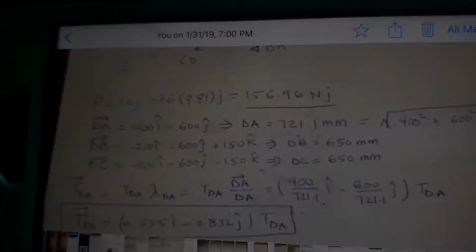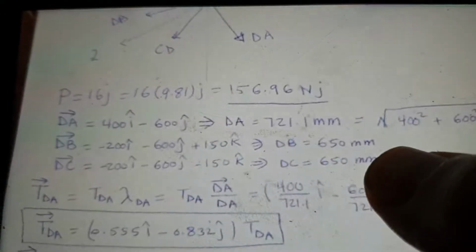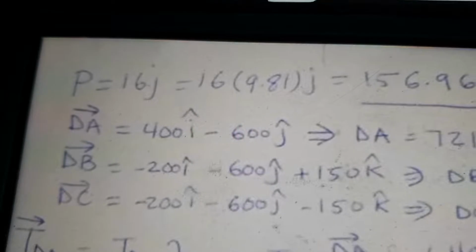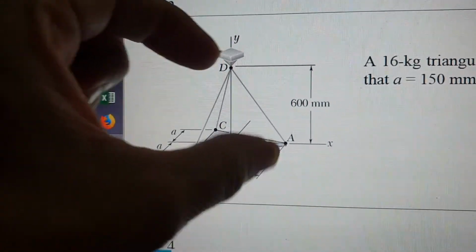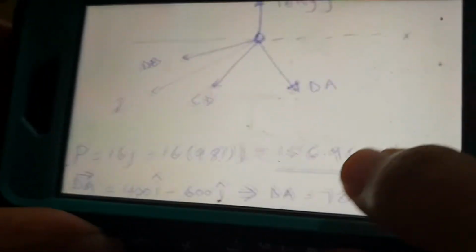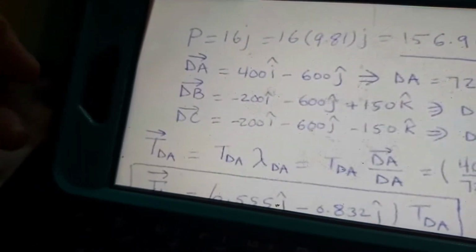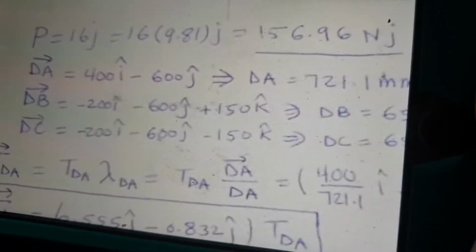Okay, now let's find dA, the position vector for dA. First of all, what is D?